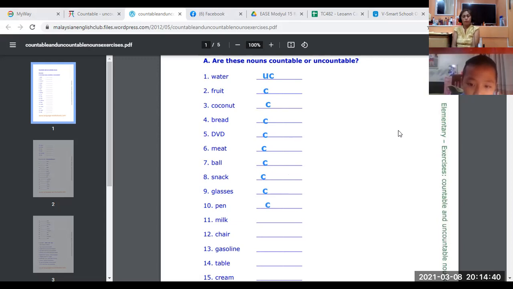Okay, continue number 15, Kyo. Okay, 11 to 15.